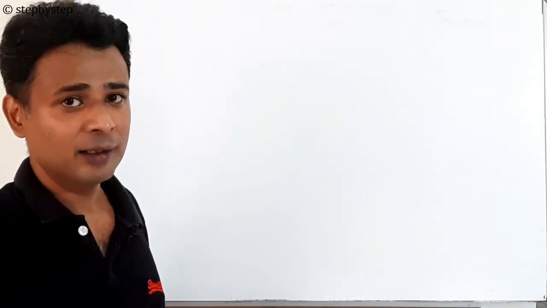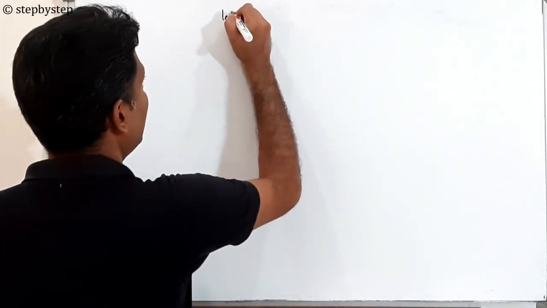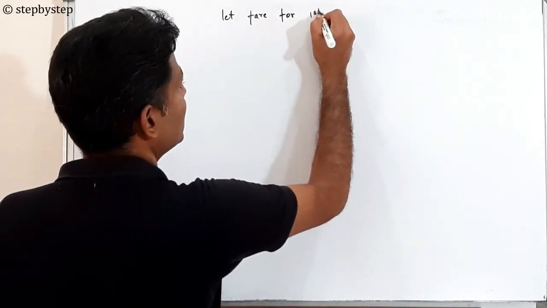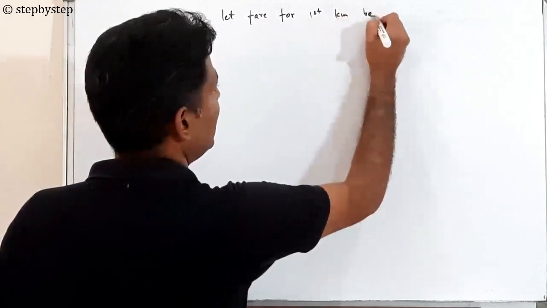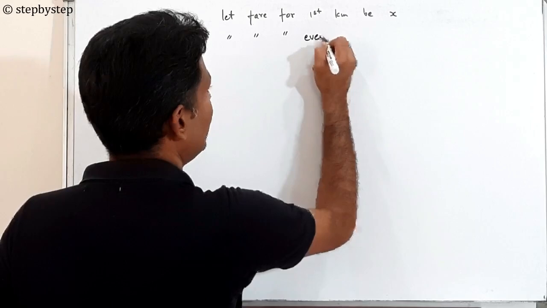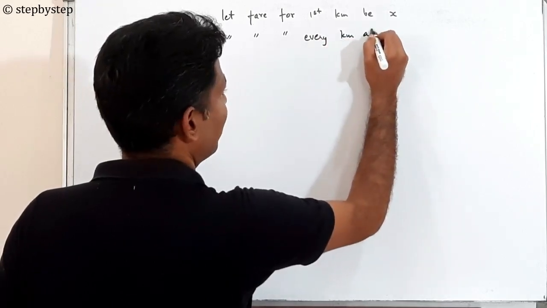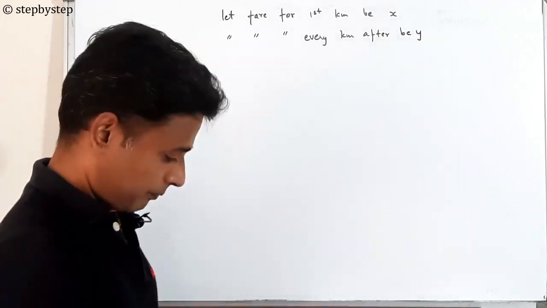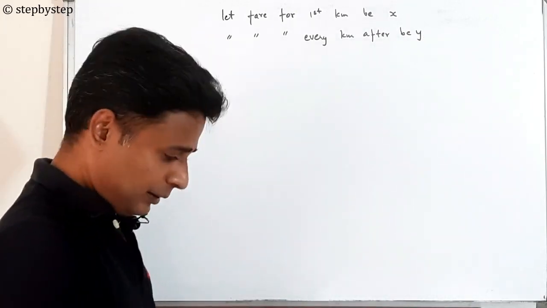So let the fare for the first kilometer be X and let the fare for every kilometer after be Y.